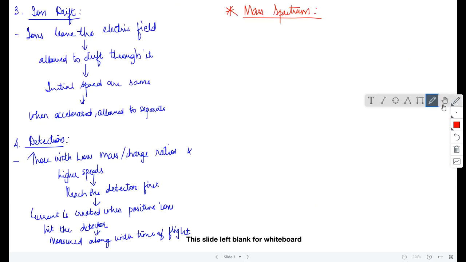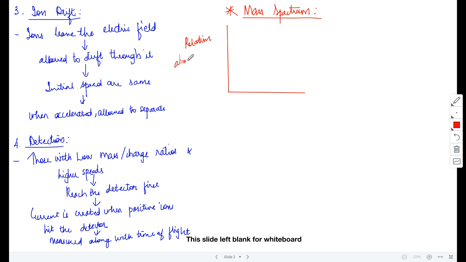So we'll draw a graph here. And there will be values, so each of them will have different values. Let's start with the y-axis with relative abundance.